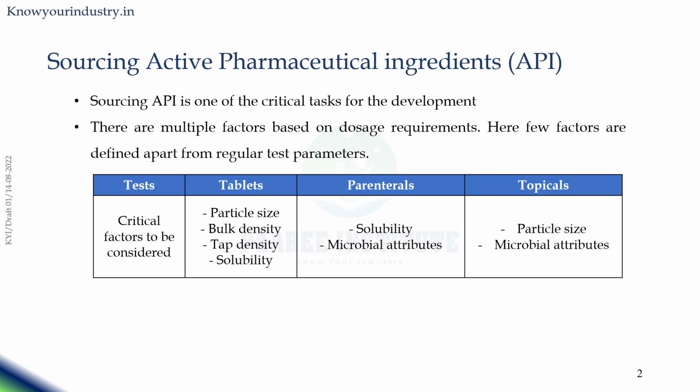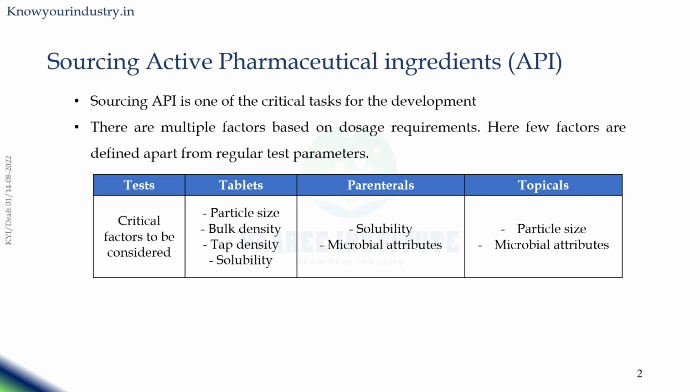First of all, for any formulation we develop, the sourcing of active pharmaceutical ingredients is very important, because if there are no active pharmaceutical ingredients, there is no product. For example, phenytoin sodium, paracetamol, pemetrexed, and so on.